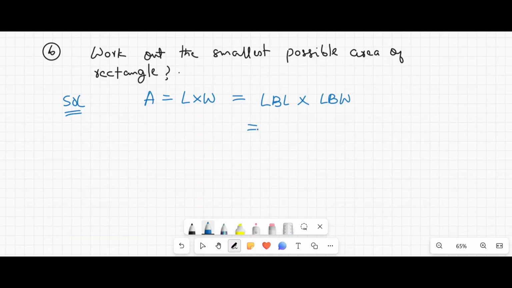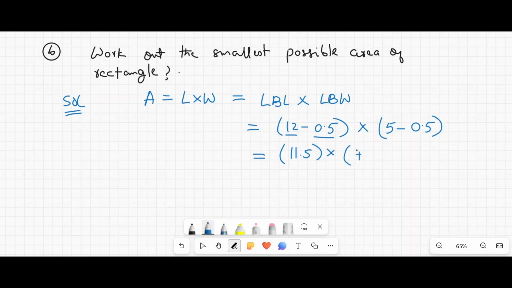The lower bound of the length is 12 minus 0.5, so this is our original value and this is our error, and the width is 5 minus 0.5. So we will get 11.5 into 4.5.